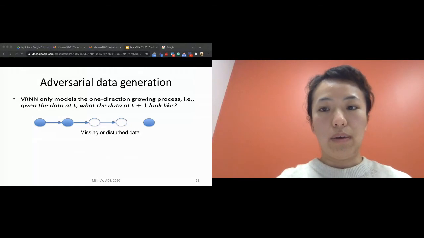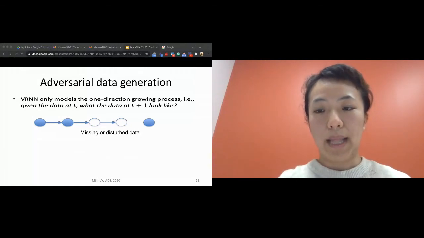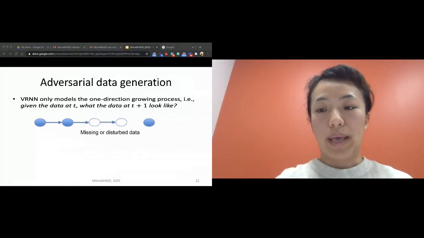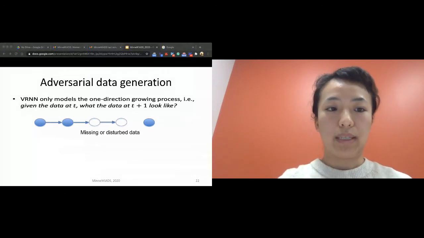So when we're generating the missing data in between, it will be looking closely to the time step that we have the next available data.